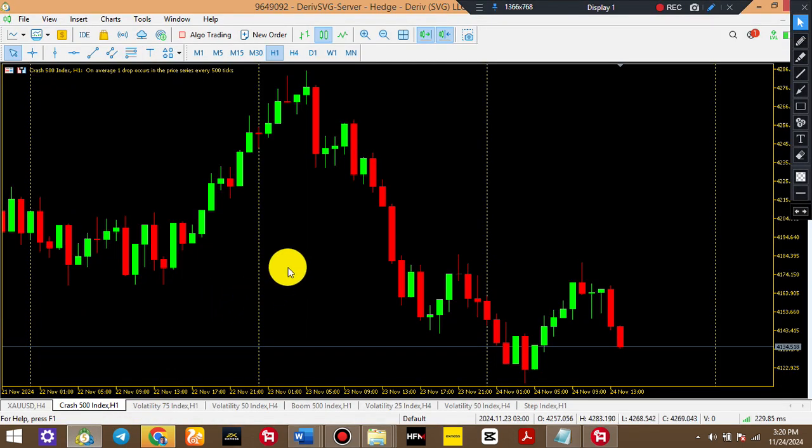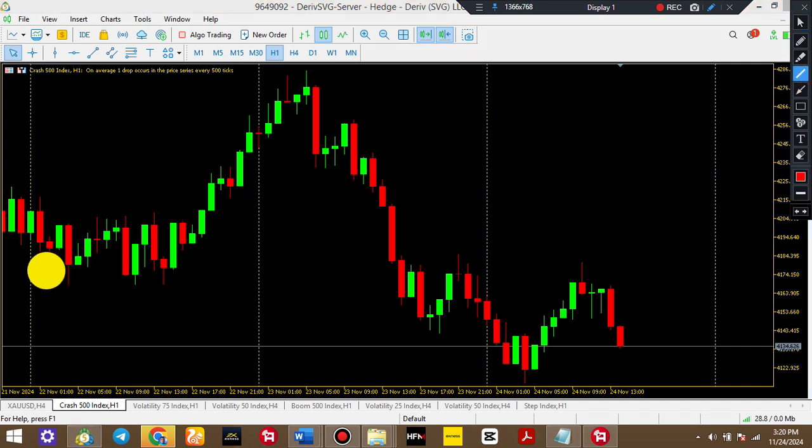Okay, this is on the Crash index. Now I'm going to highlight it based on market structure, so please watch out. We are told that to identify your order block, look for the range where the market was ranging.